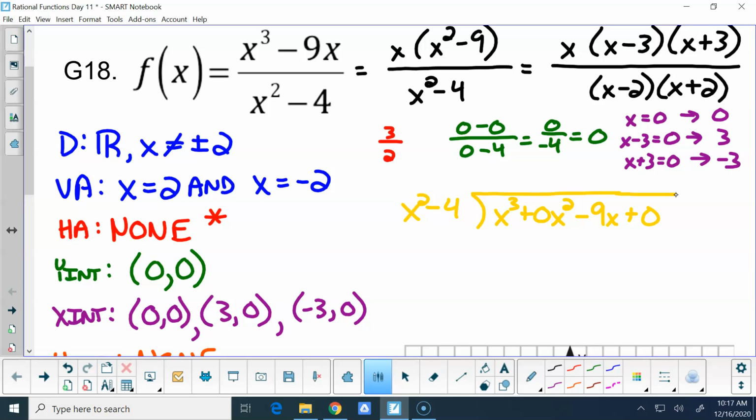So we got that. X squared, so then that would be x. So then x times x squared minus 4 is going to be x cubed minus 4x. Change the signs. Gives me negative 5x.